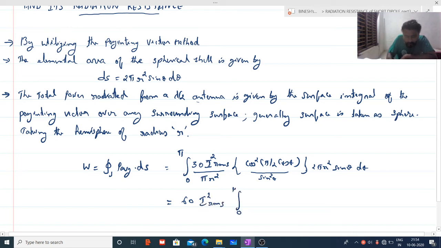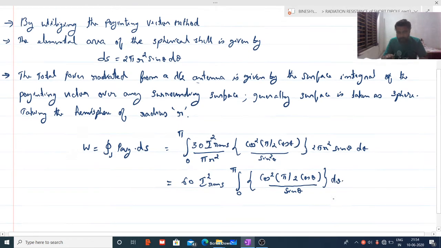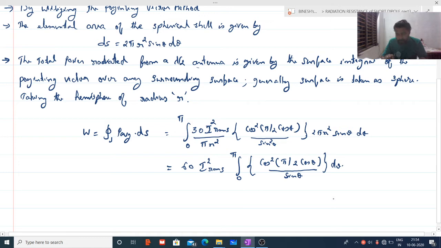Integral 0 to pi of cos square of pi by 2 cos theta divided by sin theta into d theta.